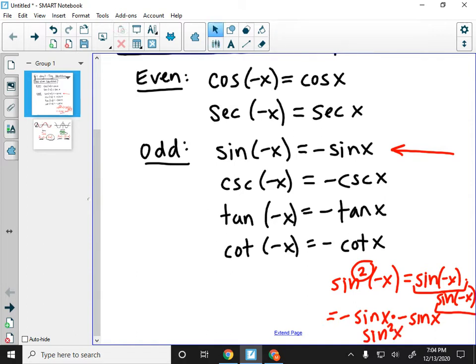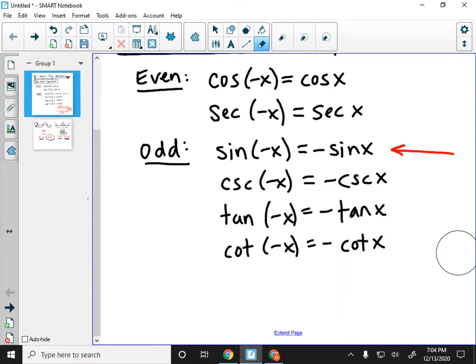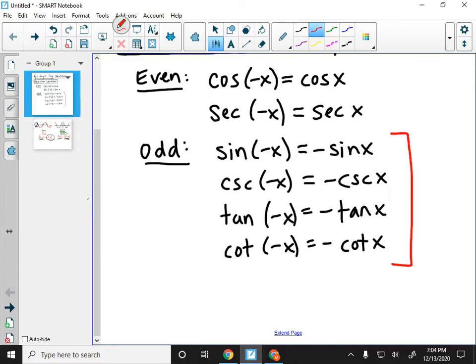So if they raise any of these to powers, you have to be really careful for the odd functions specifically. For these ones, if you raise it to the second power, then you would have to take two negative signs out, meaning a negative times negative, and it will end up being a positive sine squared.